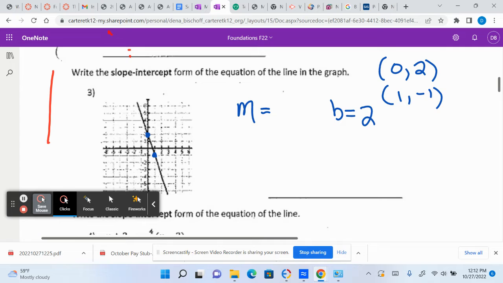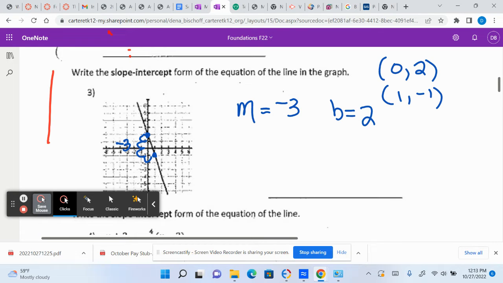Can we count our slope, or do you want to calculate our slope? Okay. Can you guys count your slope on that line, on that graph? 3 over 1. It's going down, so it's negative 3 over 1, right? So remember, if you went up, you would have run to the left, and running to the left is negative. Okay. That's all right. No, that's okay.